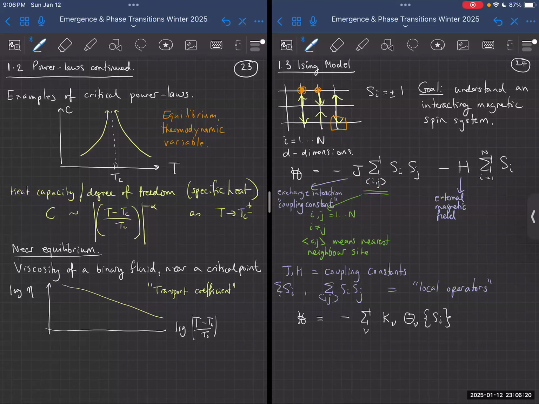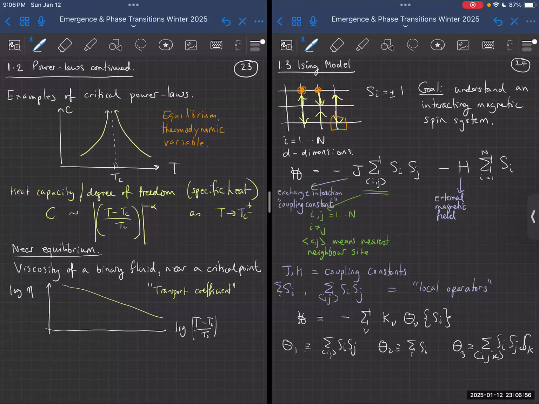And in this particular case here, we have theta 1 is just the sum over ij of Si Sj. Theta 2 is just the sum over i of Si, and theta 3, if you had one, might be something like the sum over ijk of Si Sj Sk, for example.